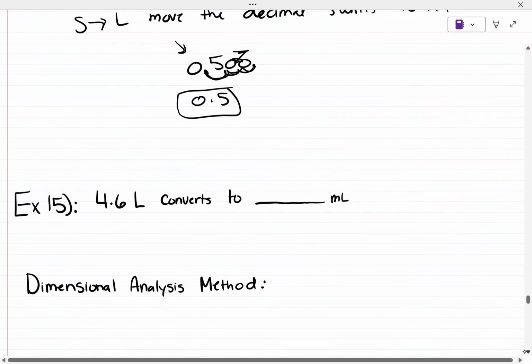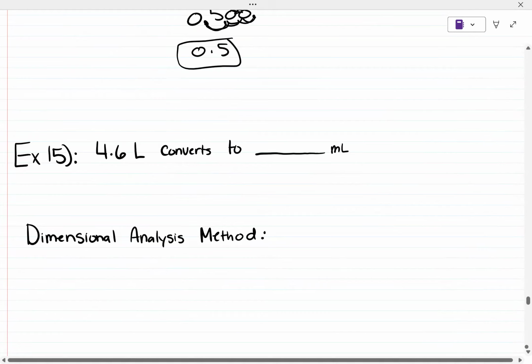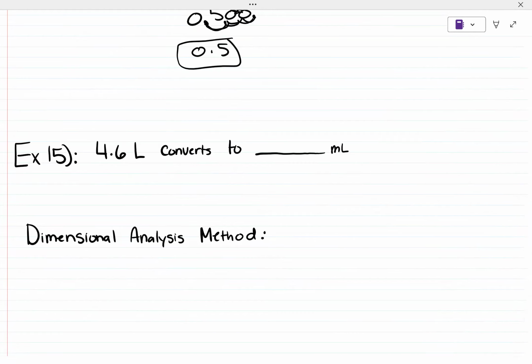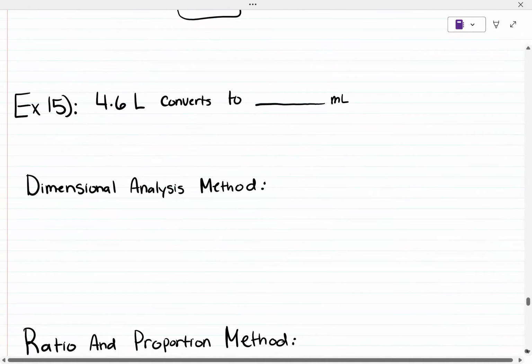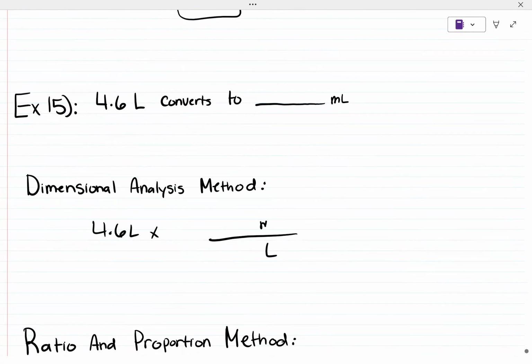Okay, a few more. So let's say we had 4.6 liters and we want to convert it to milliliters. So we're going from a larger to a smaller. So let's do dimensional analysis. So put 4.6 here times liters on the bottom and then milliliters on the top. And put an invisible one here. So what's the relationship between milliliters and liters?